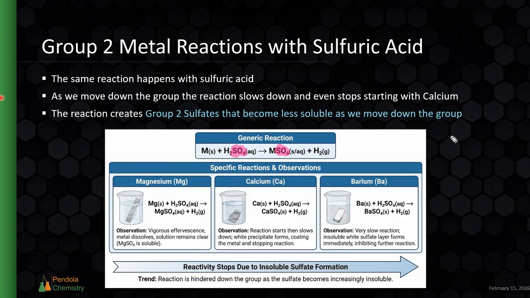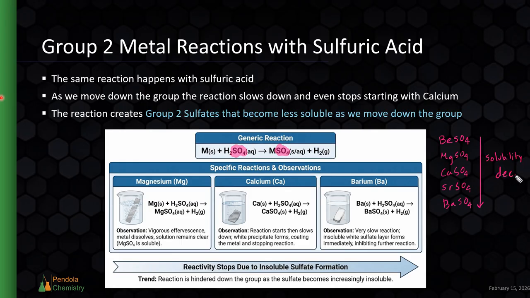So as we move from beryllium sulfate to magnesium sulfate, then calcium sulfate, strontium sulfate, and then eventually to barium sulfate, what happens is that as we move down the group, solubility decreases.